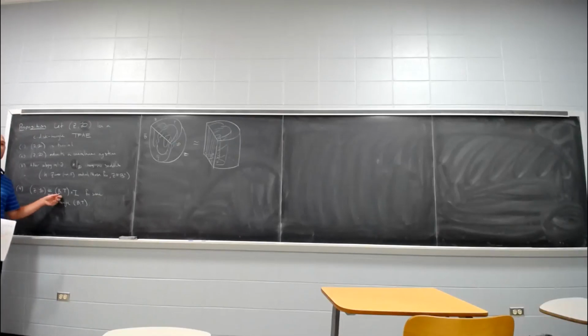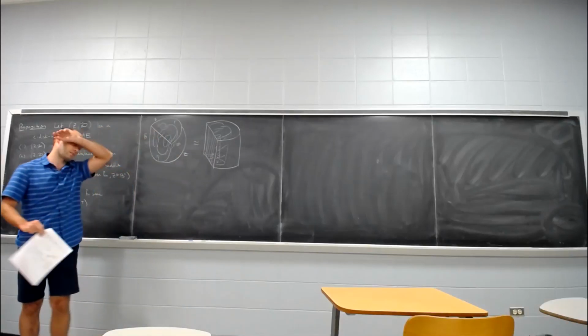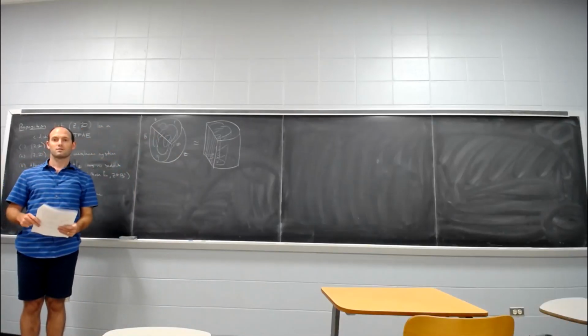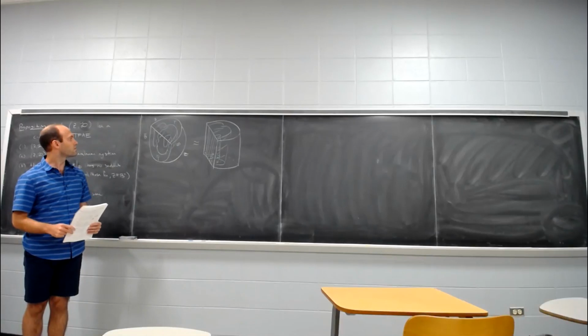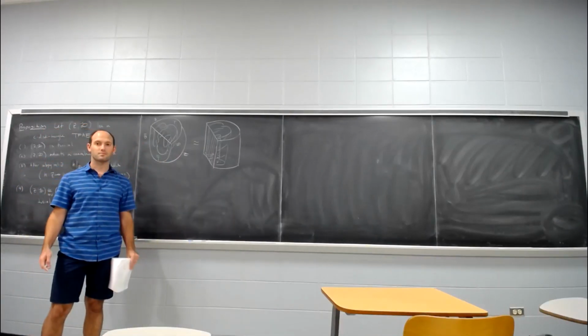But of course, how would you actually prove that that's what you're getting? What would you use to argue that this thing is a trivial disk tangle? Which one? The one on the right? Well, I guess either one. Yeah, maybe this one.